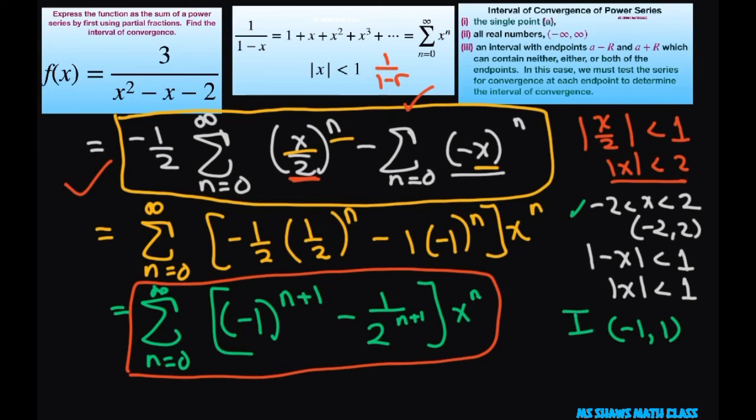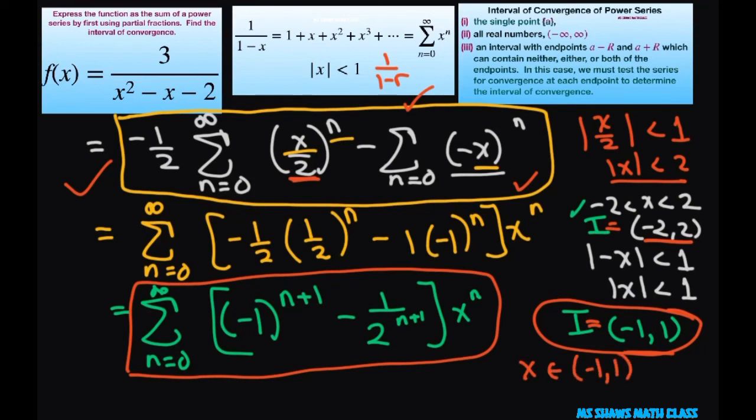However, since they have to go together, we have to choose this one because the first interval does not work for the second piece. This is a smaller interval, so the whole thing only converges when x belongs to negative 1 through 1, and that's your interval of convergence.